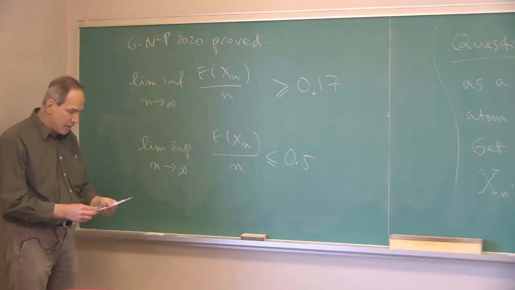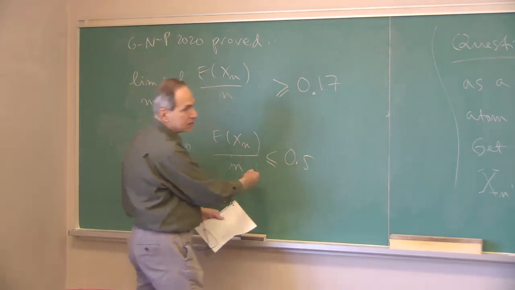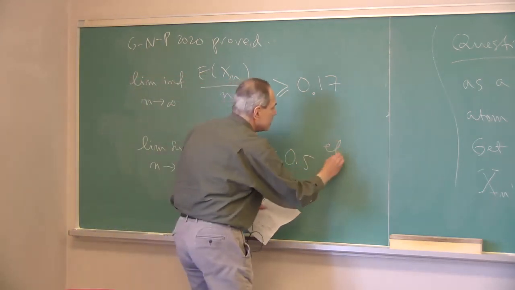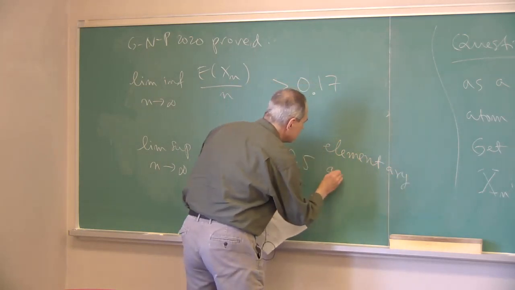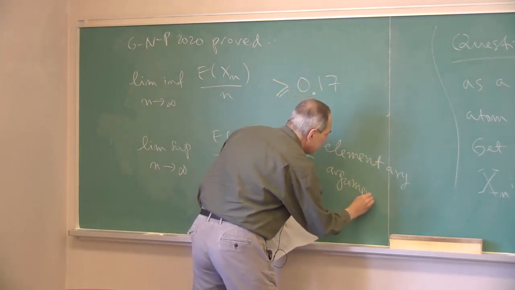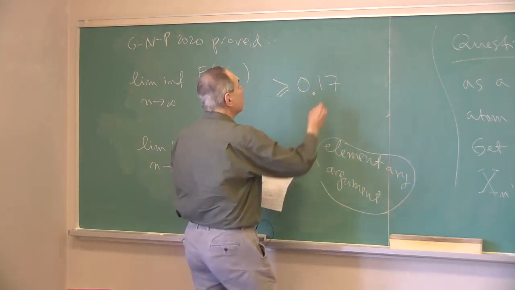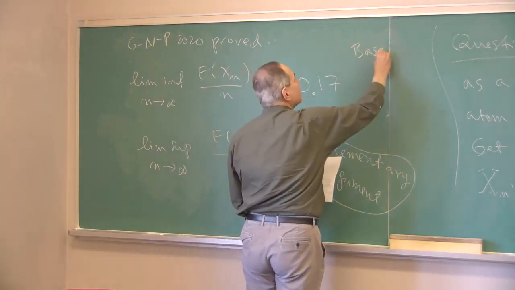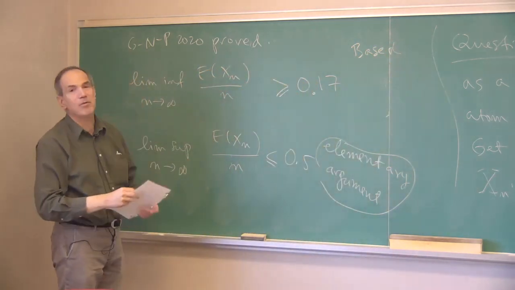This one is quite rough, of course, and it is given by an elementary argument. The other one is using some things about R-transforms, and actually this is the one which I want to talk about.